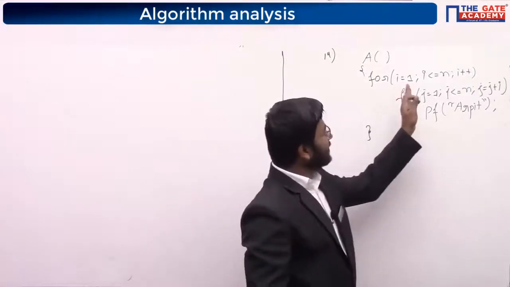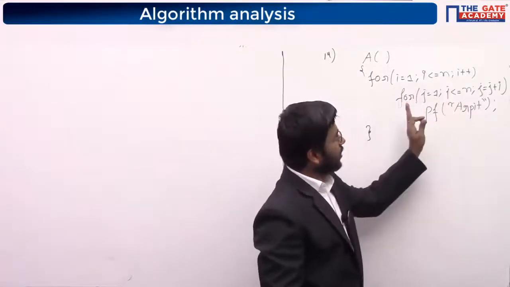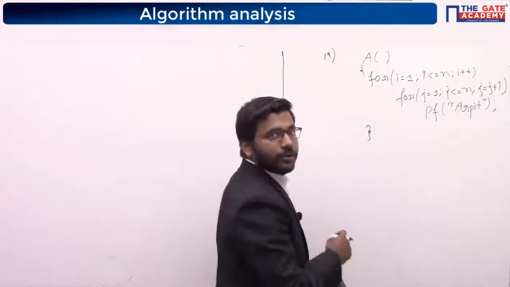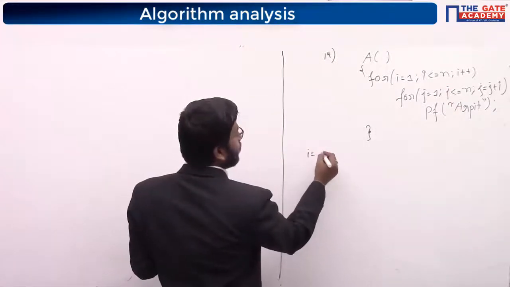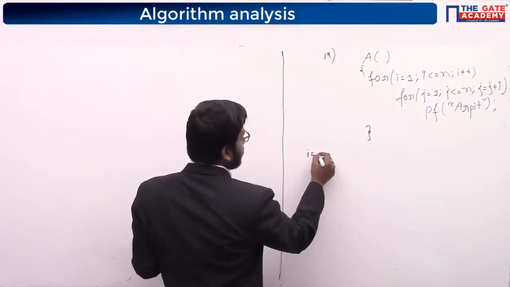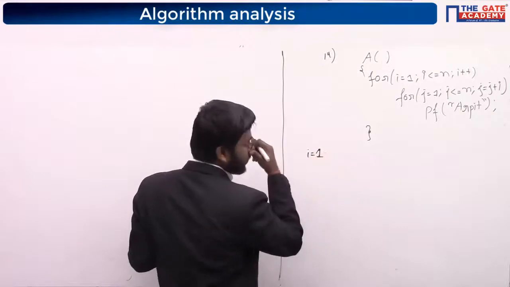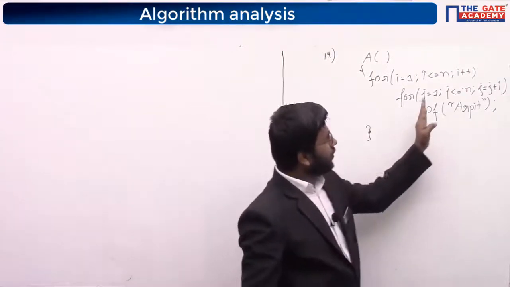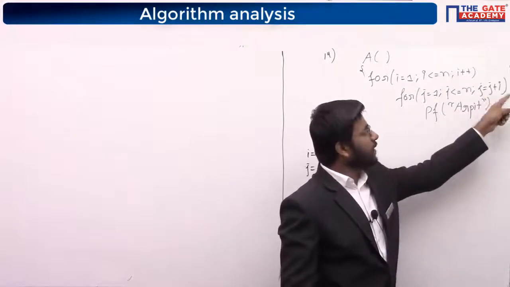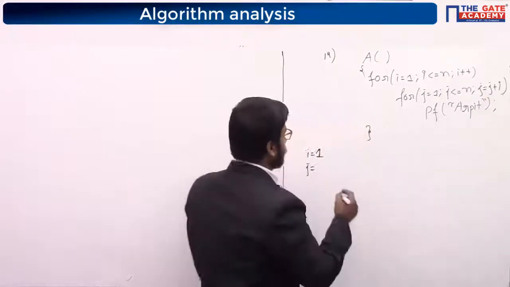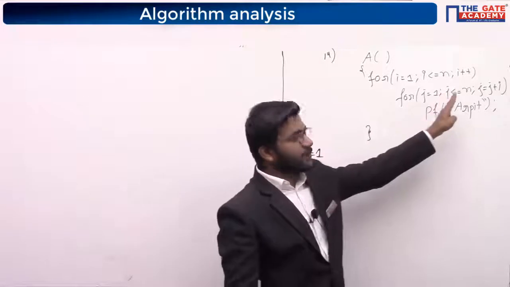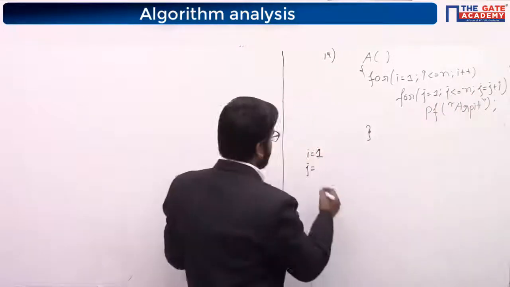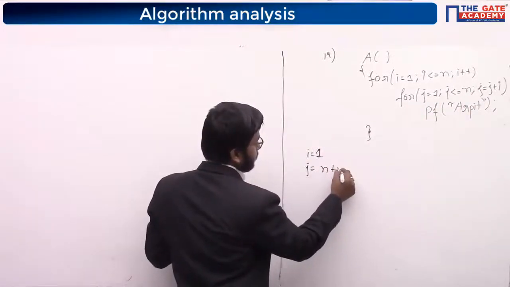See, i is running 1 to n times. When i is 1, j is going to run n times, because it is incrementing by 1: j goes 1, 2, 3, 4, and so on until n.